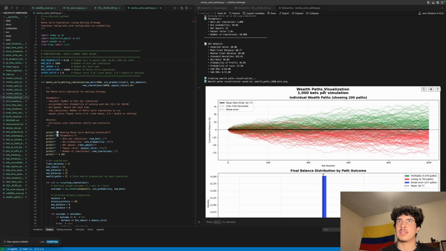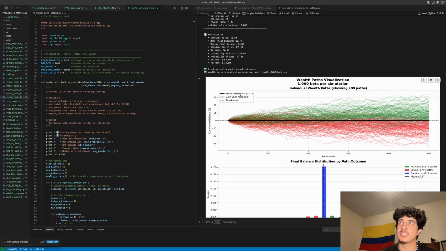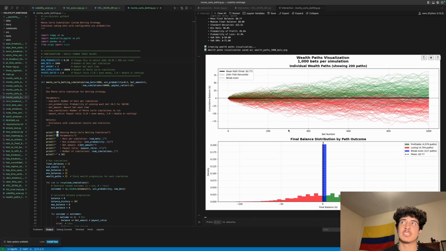This here is a Monte Carlo simulation where you're running hundreds of thousands of paths. In this scenario, we're running 200, and per each path, there are 1,000 bets per simulation. You can see here, this thick black line is the average path, and it's pretty much break even, right?